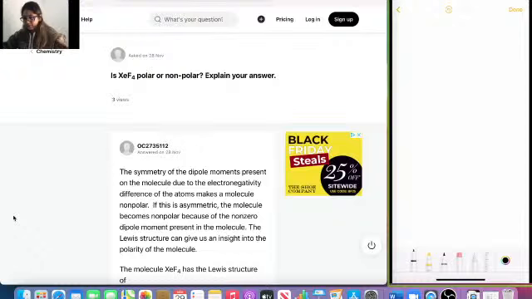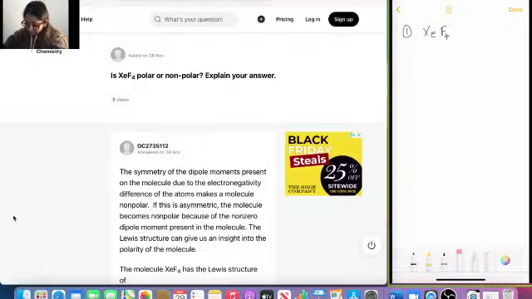Okay, so our first question says, is XeF4 polar or non-polar? Explain your answer. So this is xenon F4, right?